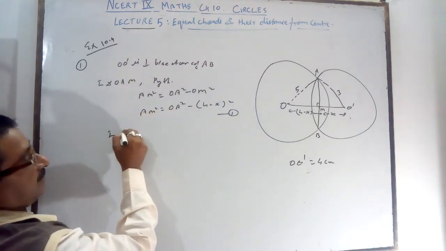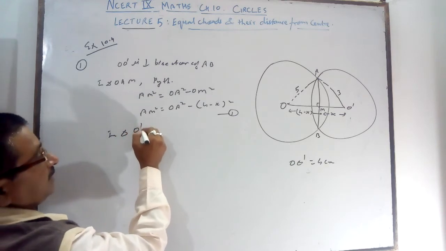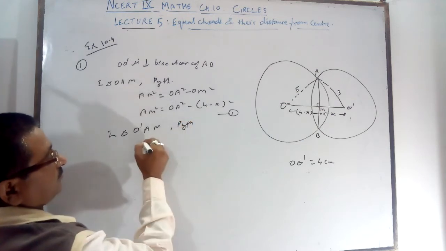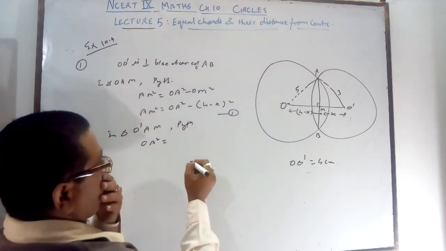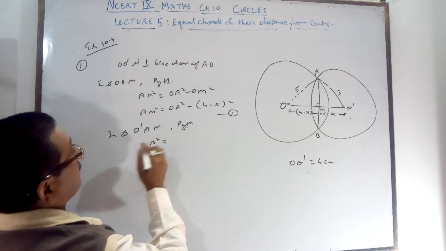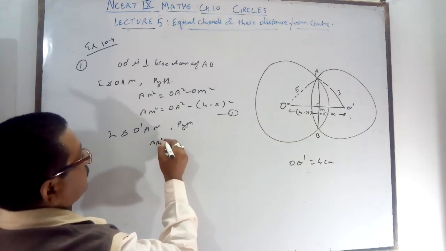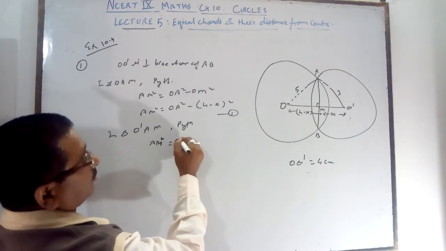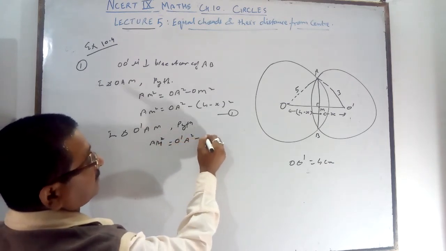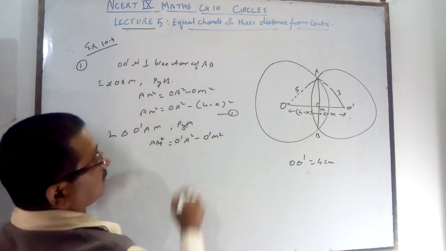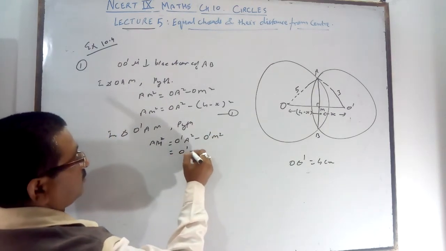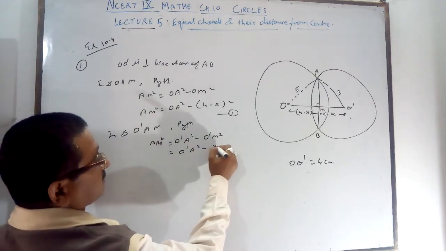In triangle O dash AM, again by Pythagoras, AM square is equal to O dash A square minus O dash M square, that is O dash A square minus X square.